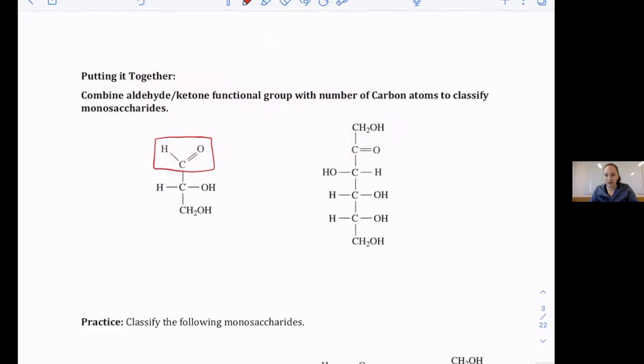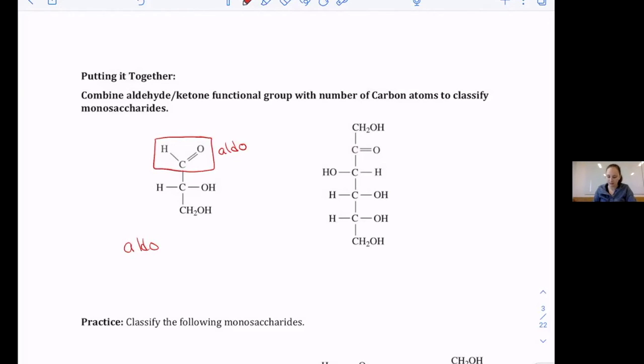In this one, we have an aldehyde, so I'm going to write ALDO. So we had aldose before, but we also have to add in the number. We put the aldehyde or ketone functional group, then the number, and then ose at the end.